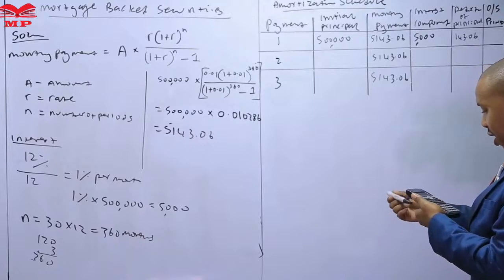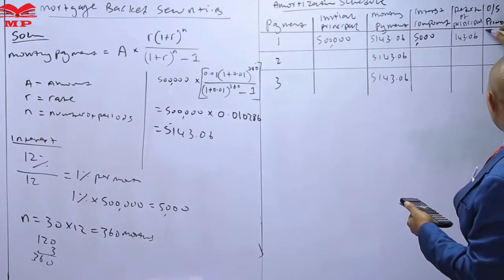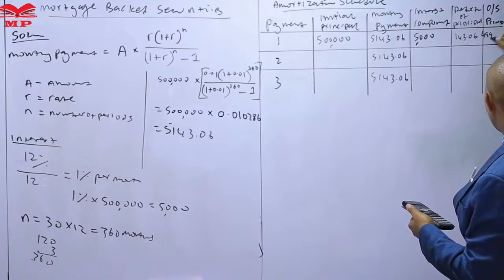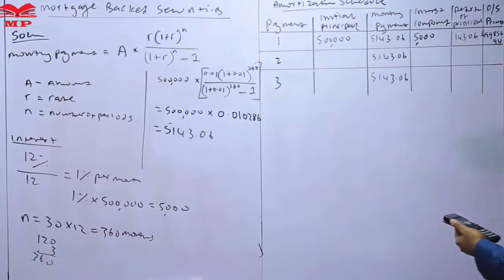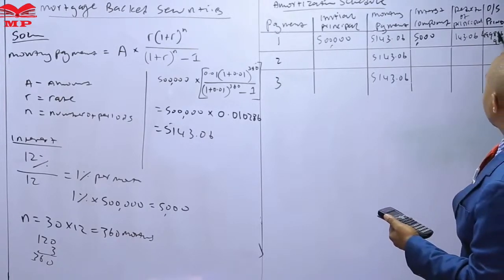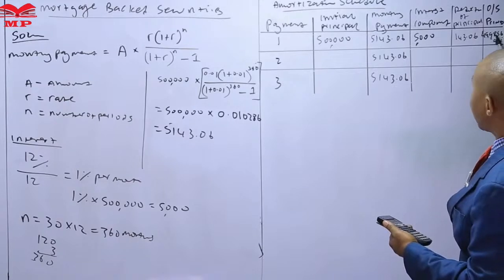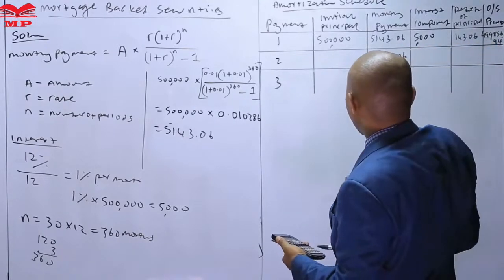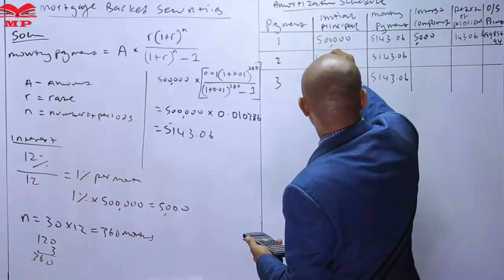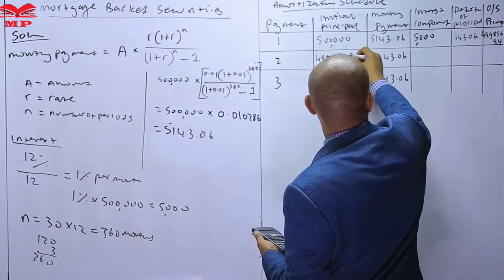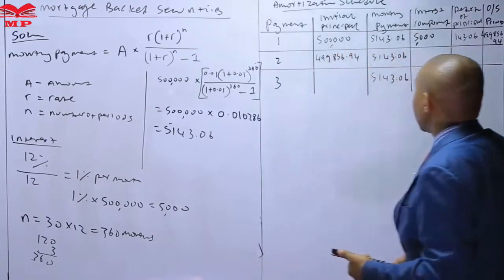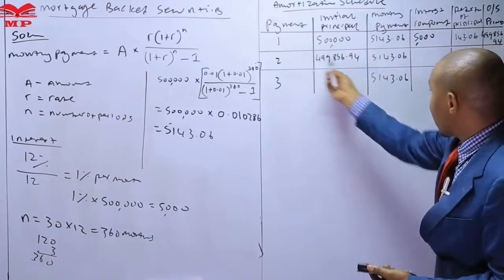We have 499,856.94. Allow me to use it like that. Now this outstanding principal, or the closing balance right here, becomes the opening balance right here. So we have 499,856.94 being the opening initial principal there for the second period.